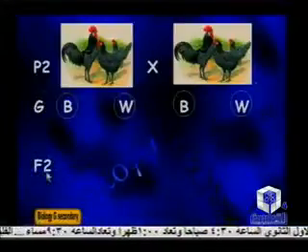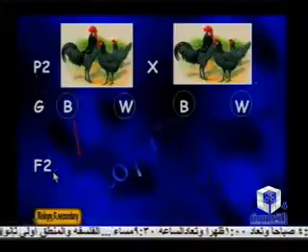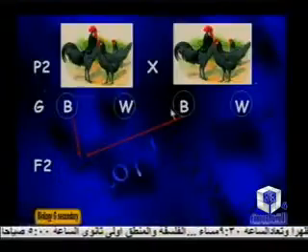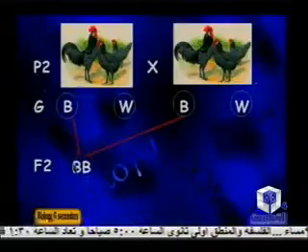The second generation, or filial 2: B capital, B capital, this is a black. W capital, B capital, this is blue. B capital, W capital, another blue. And the last one is WW capitals, and this is white.